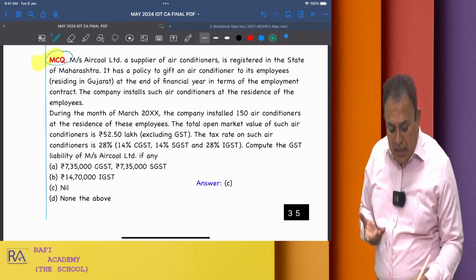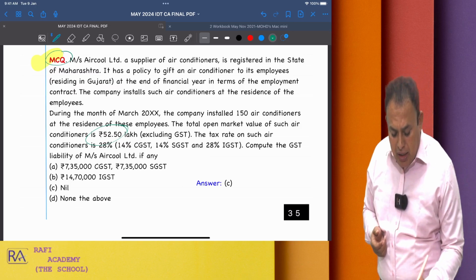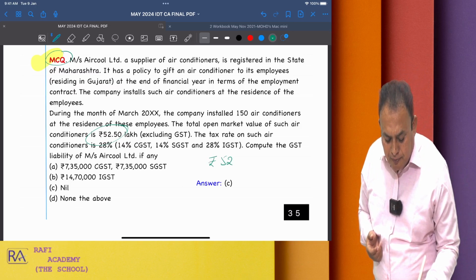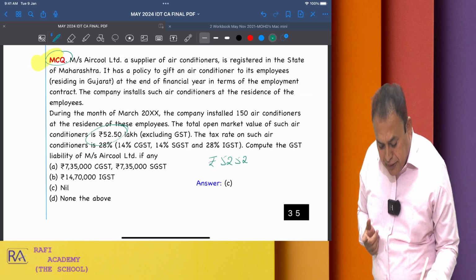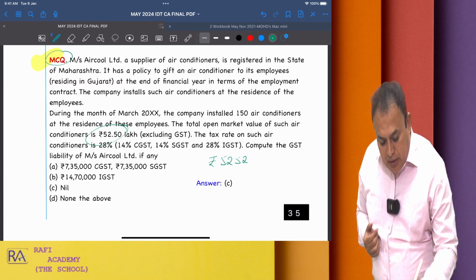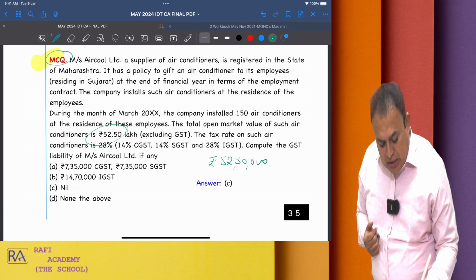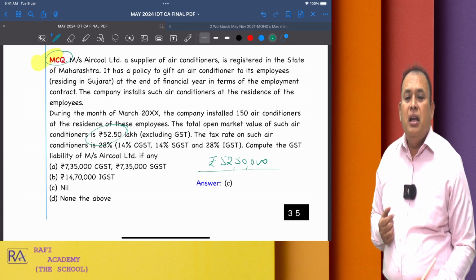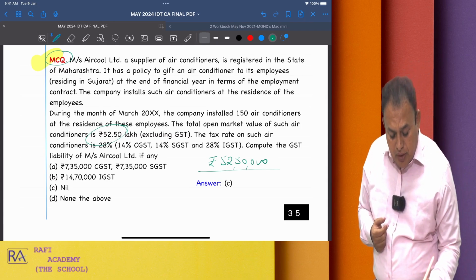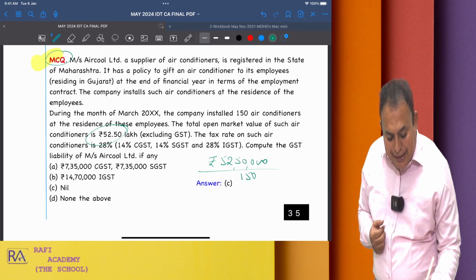My dear friends, here if you refer, the total value is 52,50,000 for how many air conditioners? 150 air conditioners. So per air conditioner, how much comes here?